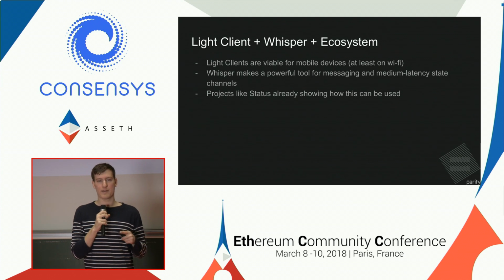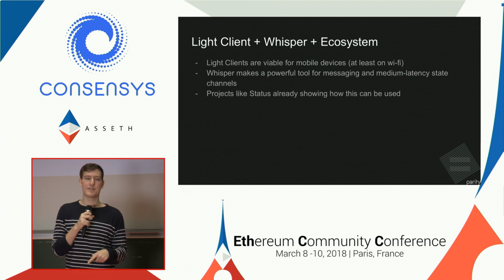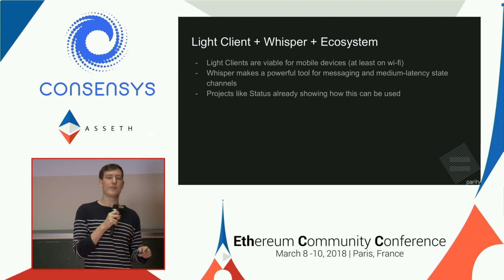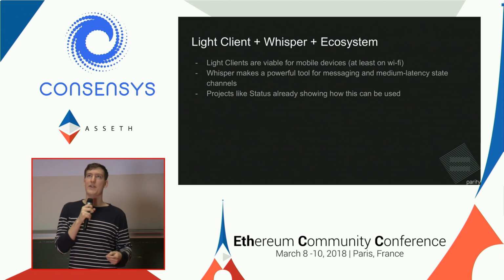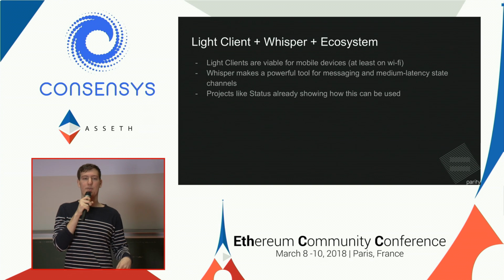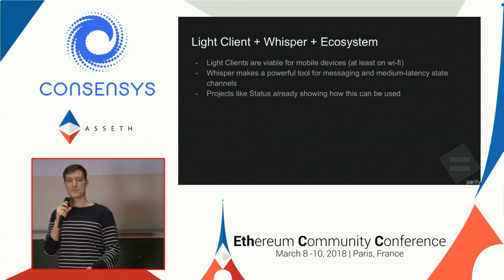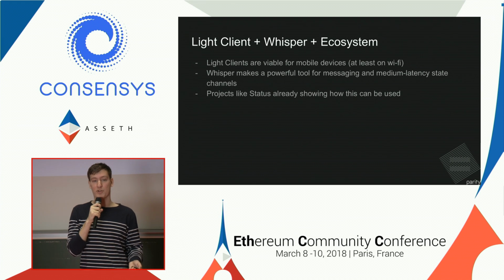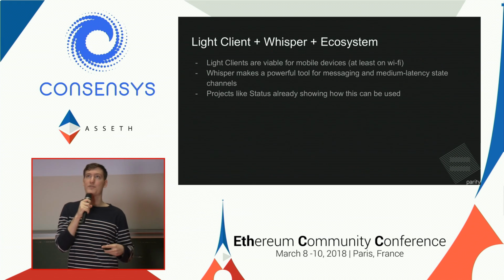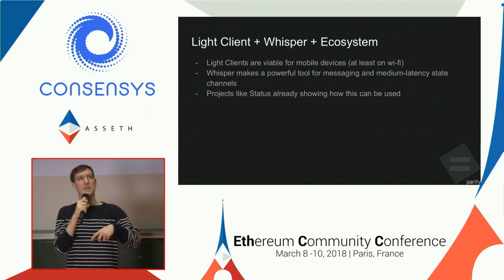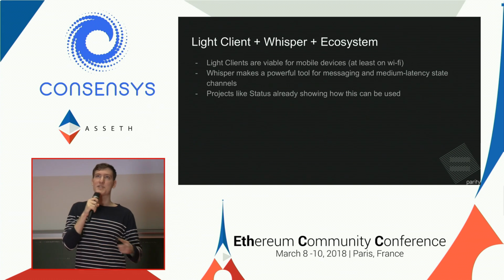So I think it's interesting to think about how the light client might fit into the broader ecosystem. Light clients can work on mobile devices. And Whisper, for example, is a really powerful tool for messaging between peers in a decentralized, anonymous, and private way.